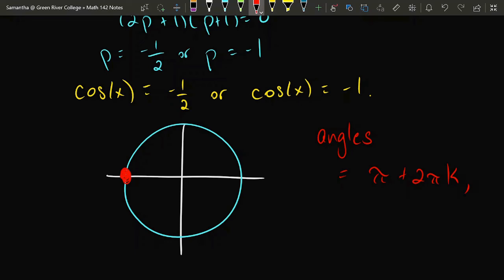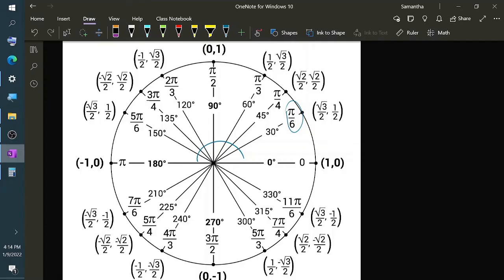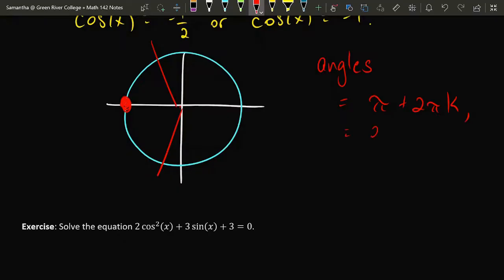Cosine equals -1/2. Let's go back to the reference image just to check out where cosine equals -1/2. According to the circle, we get an output from cosine equal to -1/2 at the angles 2 pi over 3 and 5 pi over 3. And of course, any angle coterminal to either of those will also work.